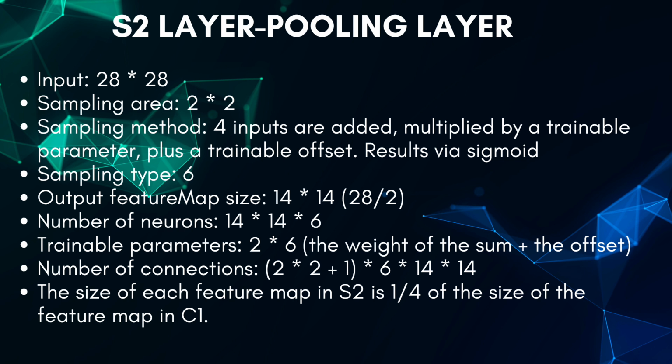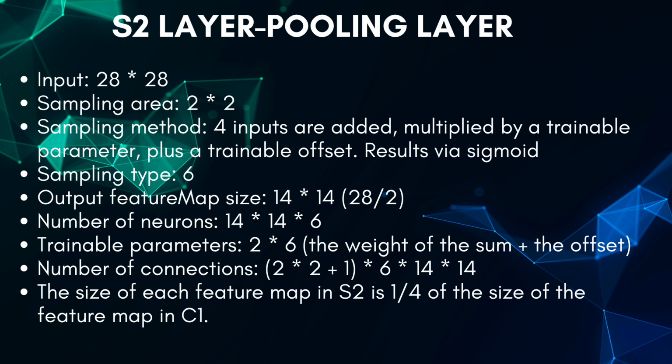Each 2 times 2 pooling kernel has 2 parameters, one for the weight coefficient and one for the offset. With 6 feature maps, that gives us 2 times 6 equals 12 trainable parameters in total. So to sum it up, the S2 pooling layer downsamples the input from 28 times 28 to 14 times 14 for each of the 6 feature maps.